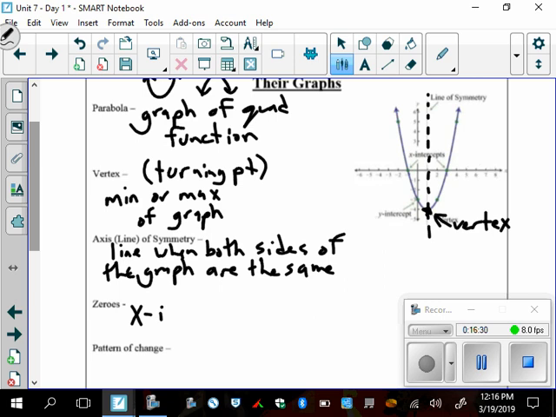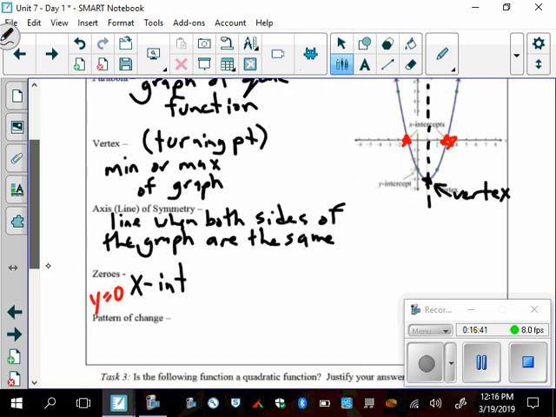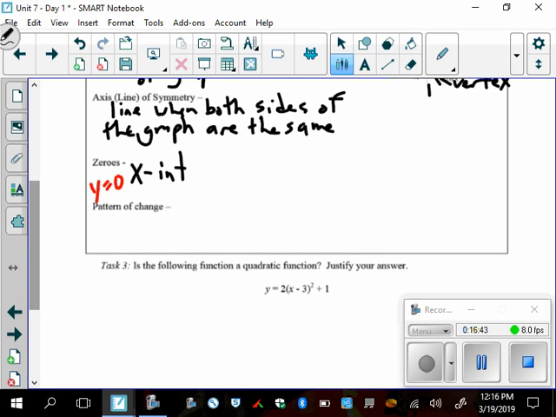The zeros are another name for the x-intercepts. That would be right there and right there. The 0 part is because this is where y equals 0. And then one of the big things that they may ask us or look at is the pattern of change is that the second rate of change is constant.